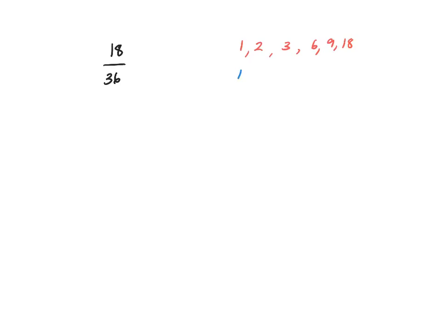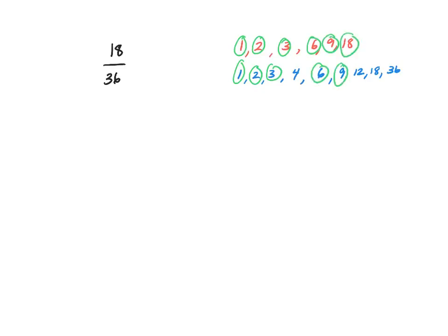Factors of 36 are 1 and 36, 2 and 18, 3 and 12, 4 and 9, and then 6 by itself. So looking for common factors, I see a common factor 1, 2, 3, 6, 9, and 18. The greatest common factor is 18.